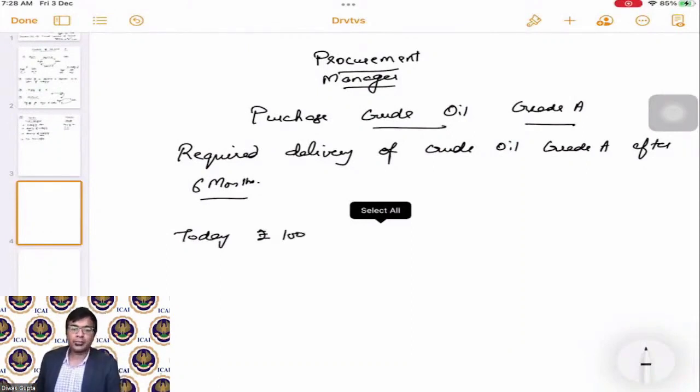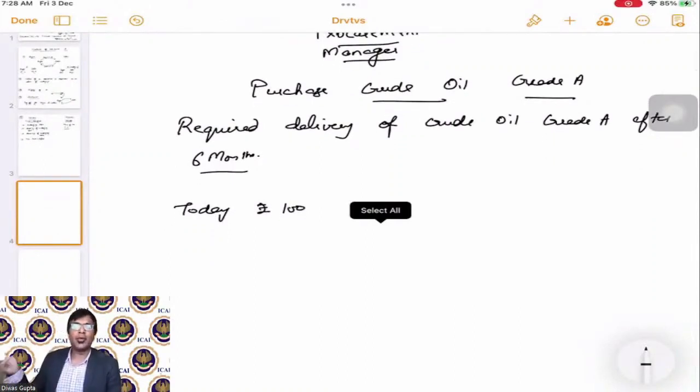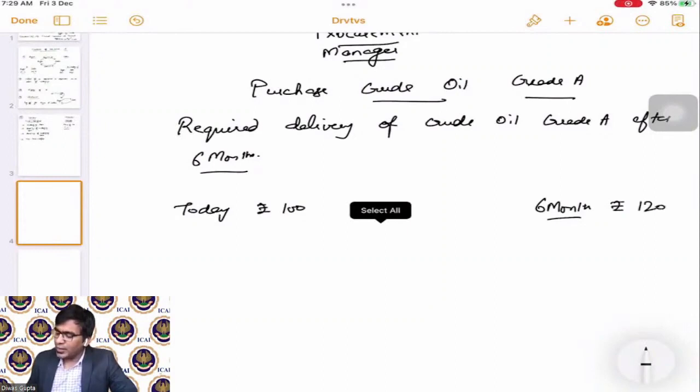And basis some workings, some correlation, some trend analysis, forecast, previous pricing, seasonality, all these things, I am able to forecast that after 6 months, the price that I'm going to get is, let's say, 120, for example. Correct? Now, you are in deep trouble, because today you are getting it at 100.